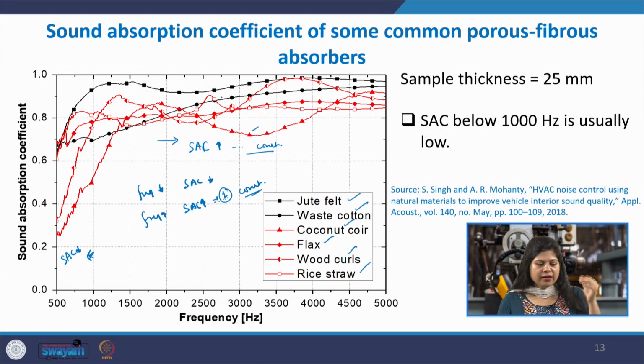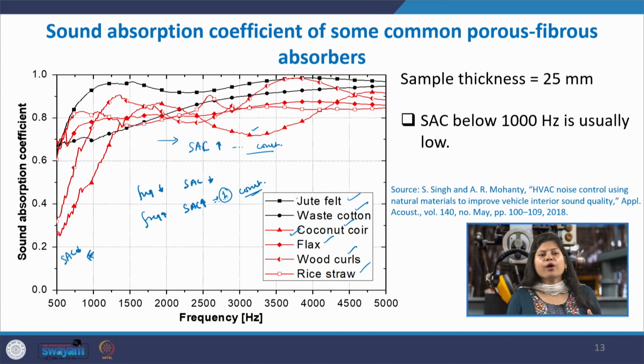So, what you see is that there is a variation with respect to frequency, and it also depends on the type of material you are using. For example, typically here it shows that the jute felt composite has overall higher SSE compared to a material such as the coconut coir here.